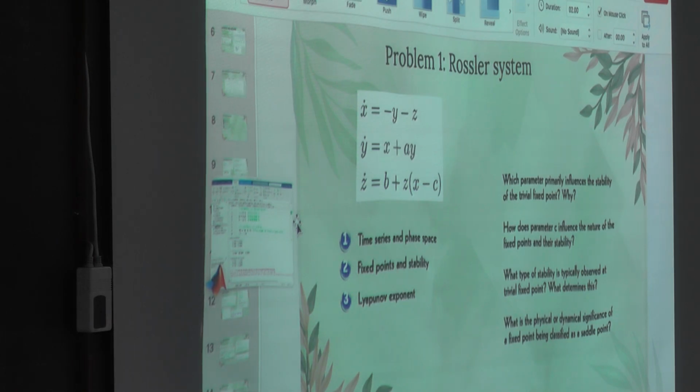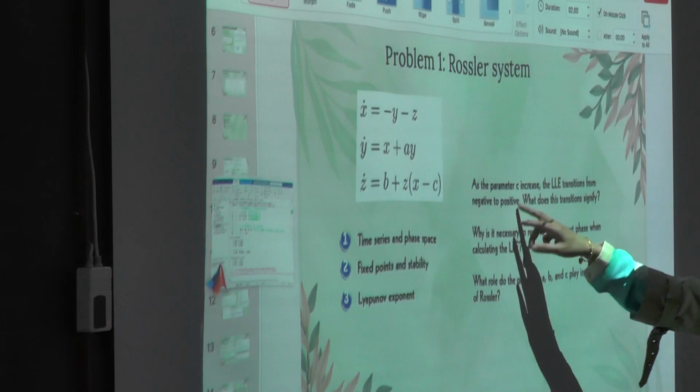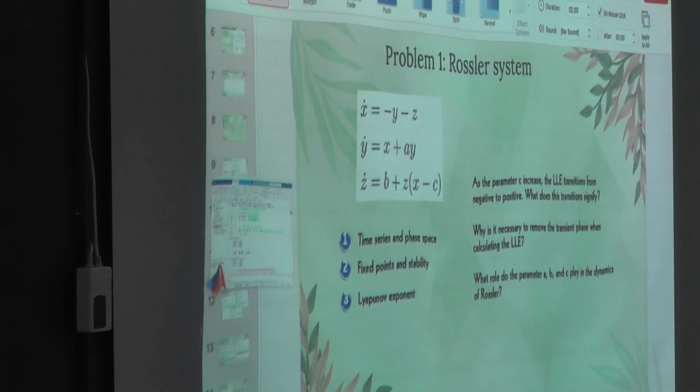Okay, so I think with that, that's all. Actually, I have one more question for the Duffing oscillator. Regarding the transition from negative to positive as C increases, what does the transition signify?